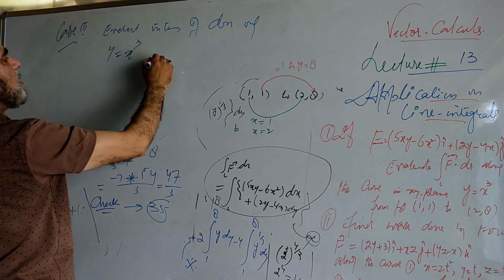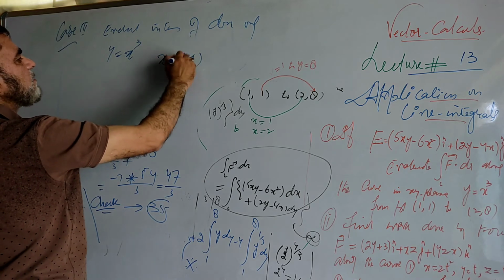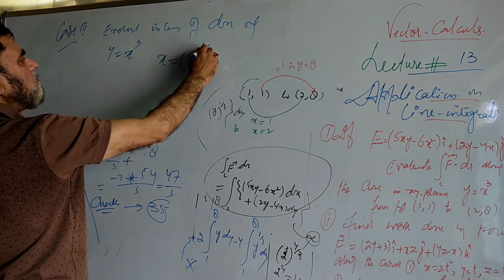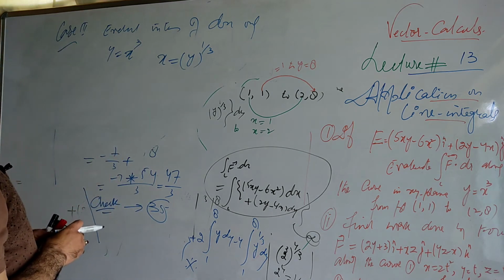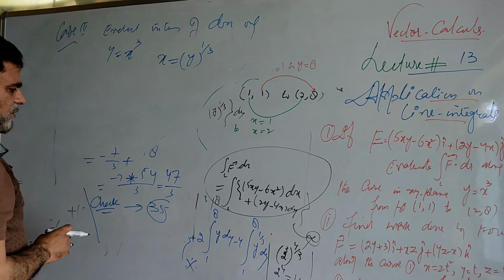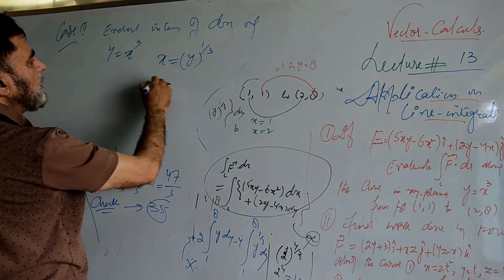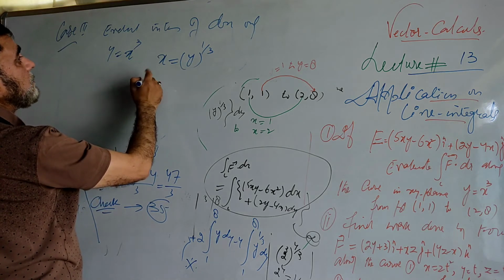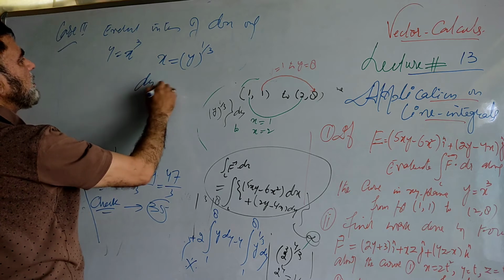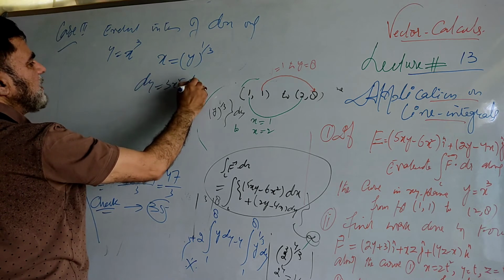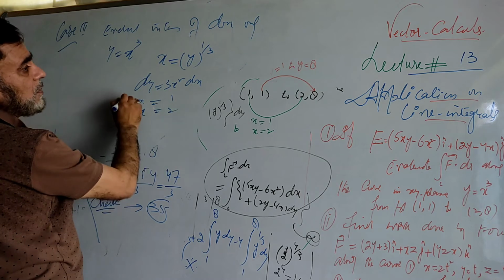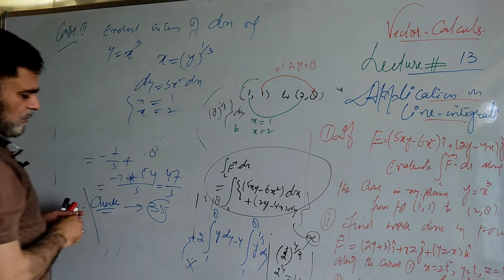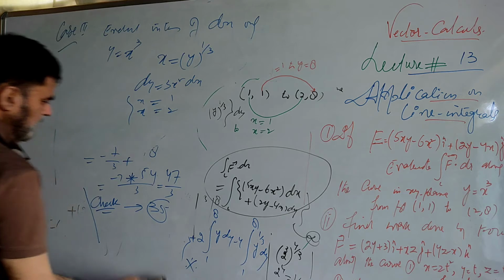In terms of dx, you have to use x is equal to y raised power 1 by 3, and you will use your dy is 3x square dx, x running from 1 to 2. You can do it, you will see that it is also 35.